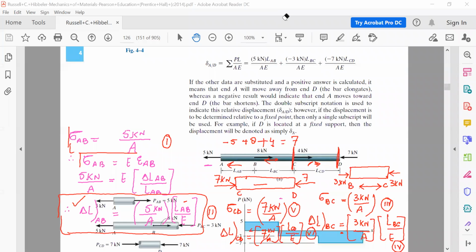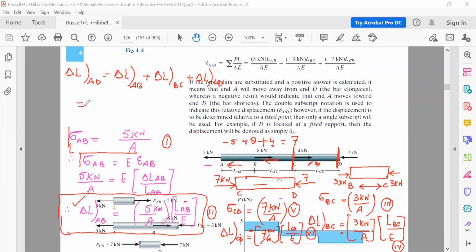Therefore, we write the total change in length, delta L, total change in length of the rod AD is equal to change in length of the section AB plus change in length of the section BC plus change in length of the section CD.